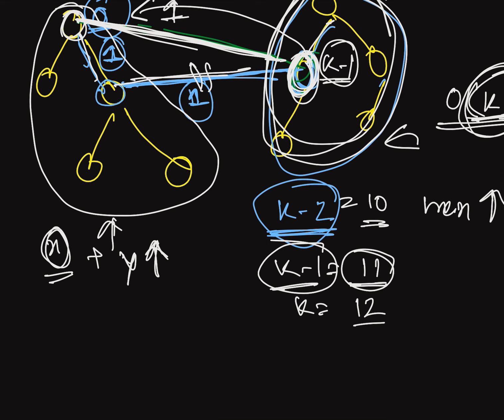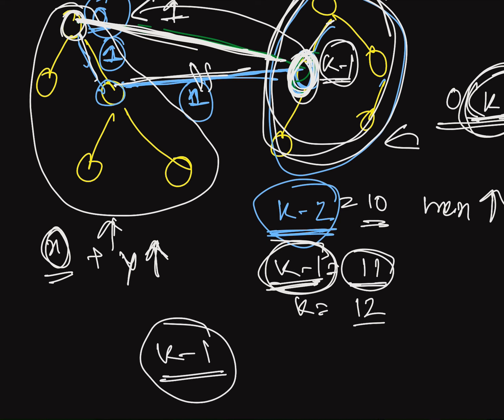If I maximize the number of nodes that are at a distance k minus 1, that will be the maximum value, because I have to add at least one edge, which always decreases the k value by 1. So that's why I will check whichever node has the maximum number of nodes at distance k minus 1, and I will add the new edge there.